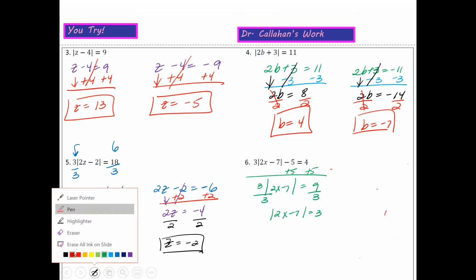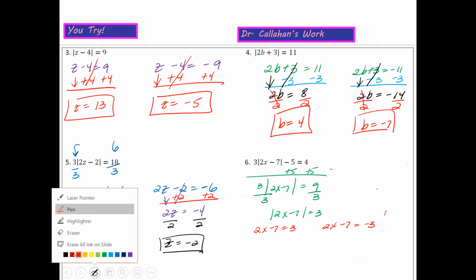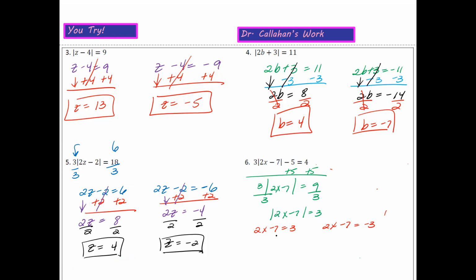Once we get rid of all the numbers that are tagging along here, now we can split it. So 2x minus 7 equals 3. 2x minus 7 equals negative 3. So then after that, let's add 7 on both sides. So 2x equals 10. 2x equals negative 4. Divided by 2, x equals 5. x equals negative 2. And that is your answer.